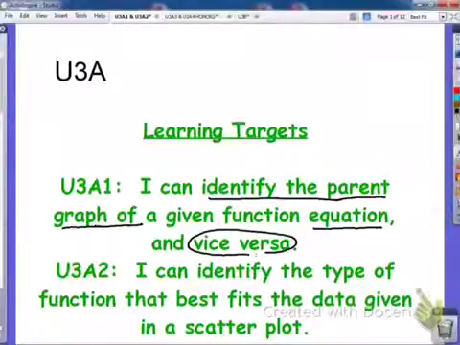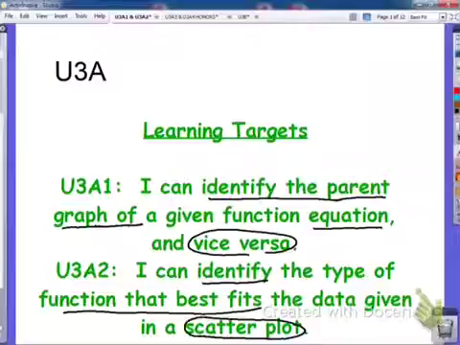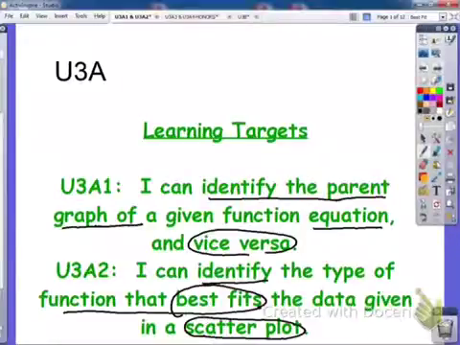I give you an equation, you pick out the graph that matches, or I give you the graph and you pick out the equation. Next, we would be identifying the type of function that best fits the data given in, say, a scatter plot. So identify the function that best fits a scatter plot. That's what we're going to be looking at in this lesson.